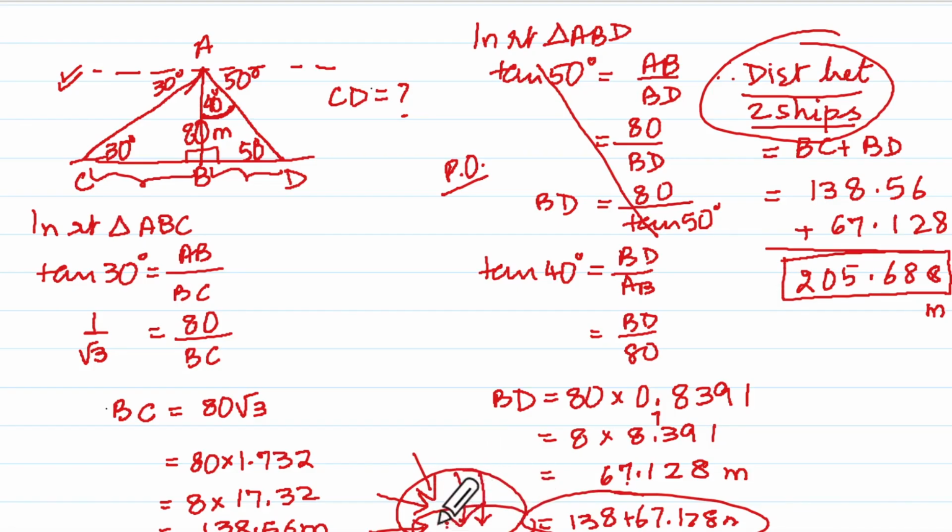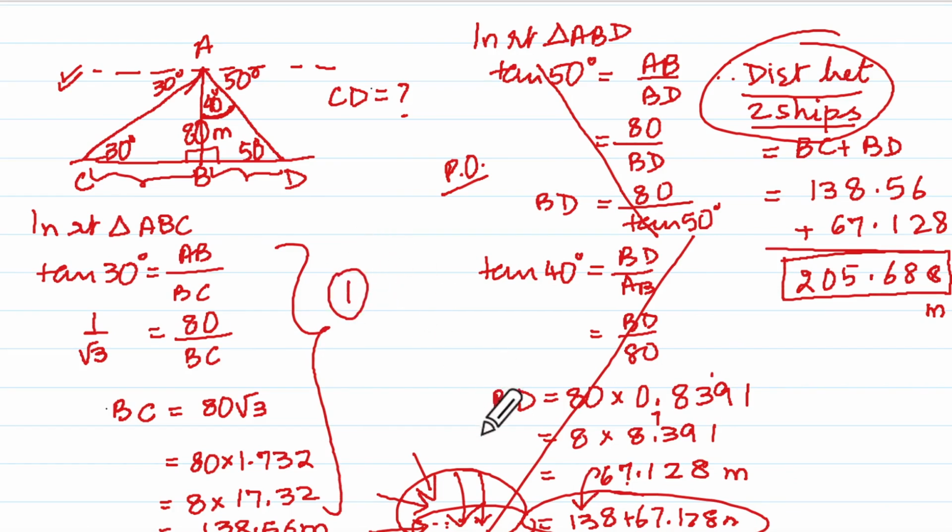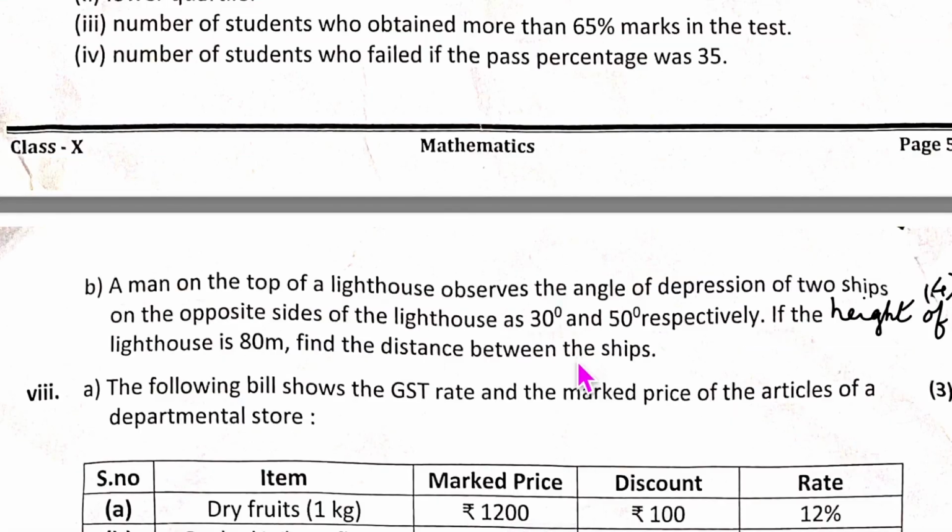If you don't write the words over here what this means, then it means that this 67 is equal to this next number, and you will get the full thing wrong. You will get BD equal to this full thing, and this full thing will go wrong, and you will get just maybe 1 mark here. Understanding? Just telling you how you have to be cautious.